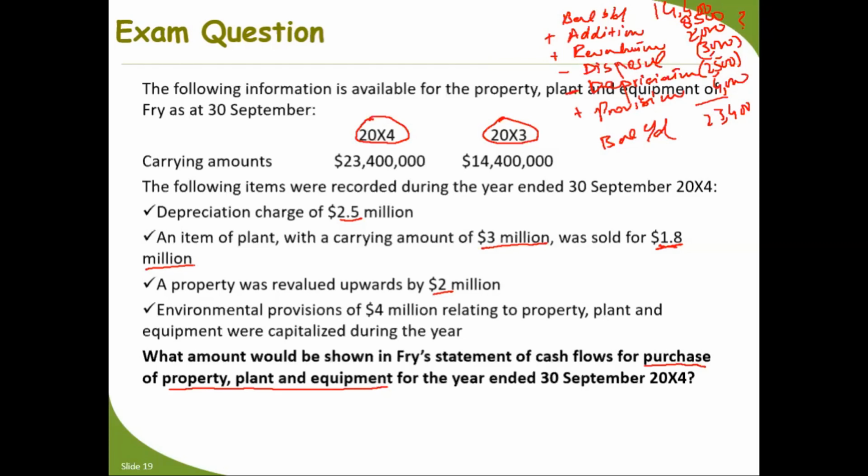Look, 23,400 minus 4,000 plus 2,500 plus 3,000 minus 2,000 minus 14,400 is 8,500. This was a typo mistake.